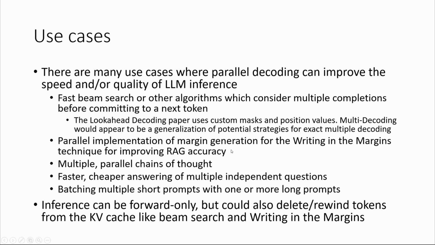If we have time, we can talk about writing in the margins today. What writing in the margins does, I think I briefly mentioned, is it does RAG, and then it asks a question. If you have a user question you're trying to answer, then it applies that user question to each chunk coming back from RAG. And it calls those margin notes, like you would have margin notes on the side of a page of a book or something.